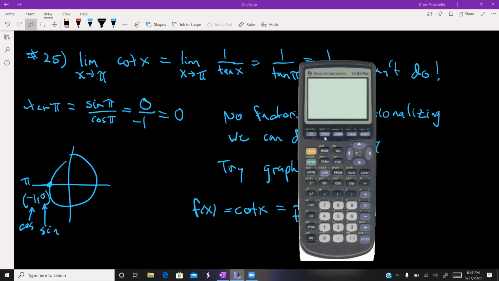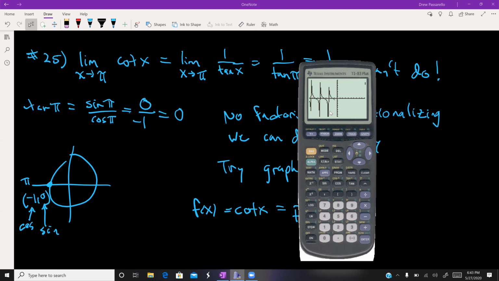Make sure you're in radians. So I'm in radians. So y equals, I'm going to clear out what I had from the previous example. All right, so now I'm going to type in 1 divided by, and then here's the tangent button, tangent of x. And then I hit graph.